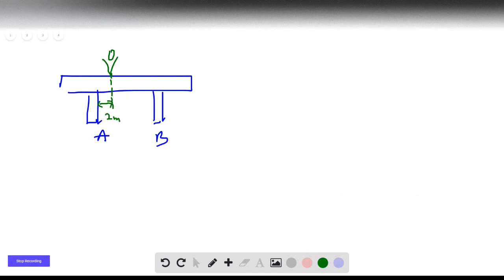This is 2 meters. And so this distance is going to be 10 meters. Okay, that's 10 meters. We're still taking torque around B. And so the sum of the torques around B will be 0.